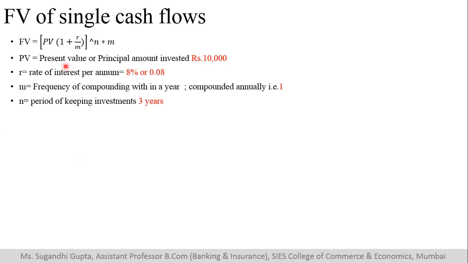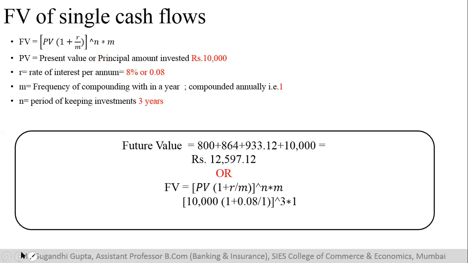So if we substitute all these values into the formula, we get something like this. The future value is the summation of all interest plus the principal amount. You substitute present value 10,000 times 1 plus rate of interest divided by compounding frequency, in this case 1, raised to 3 into 1.